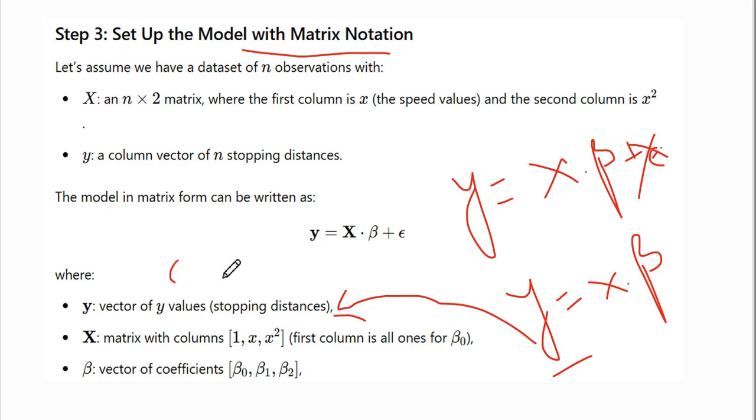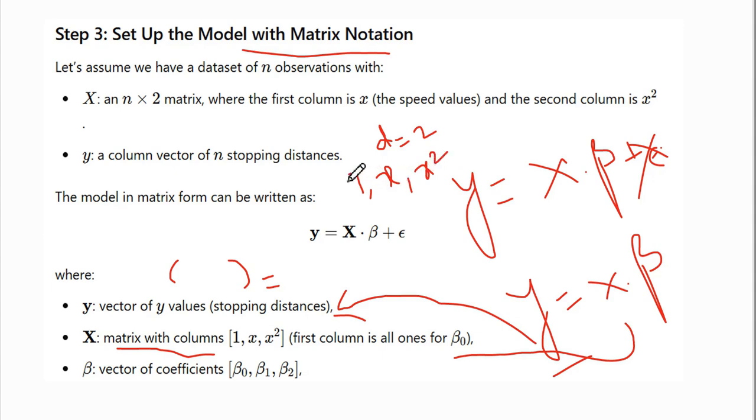We have 5 values, and those 5 values form one vector. X is a matrix with columns. In our example the degree is 2, so we have beta naught with 1, the linear coefficient with x, and the quadratic coefficient with x square. That is why we represent the matrix with 1, x1 and x square. The first column is all ones, for beta naught, while the x and x square values change.